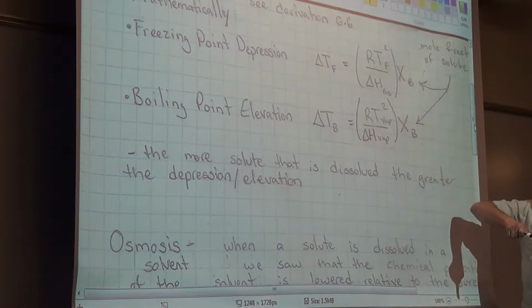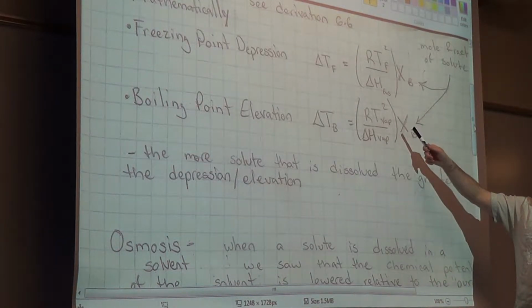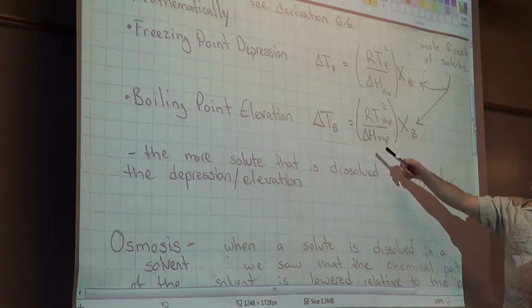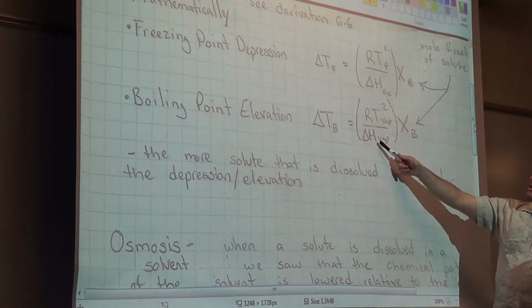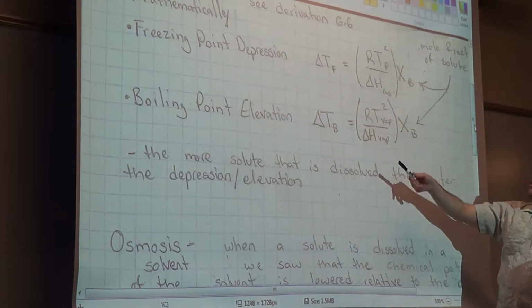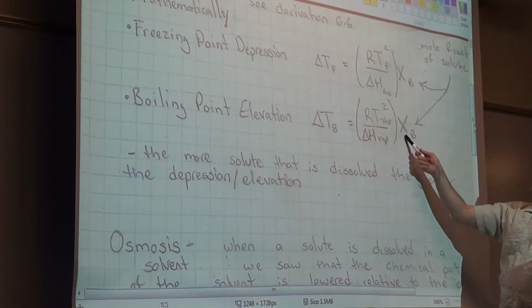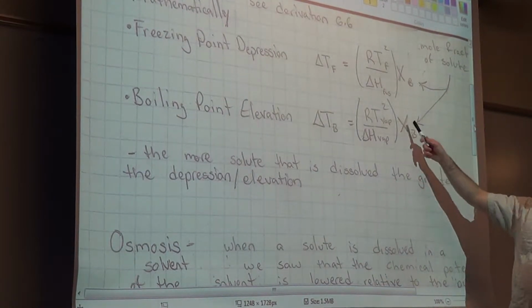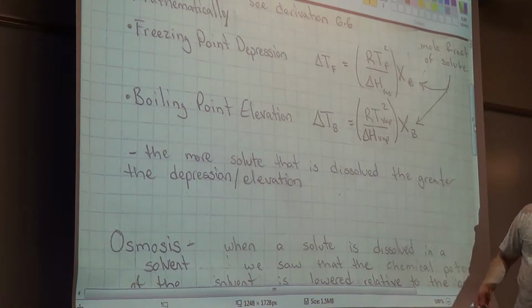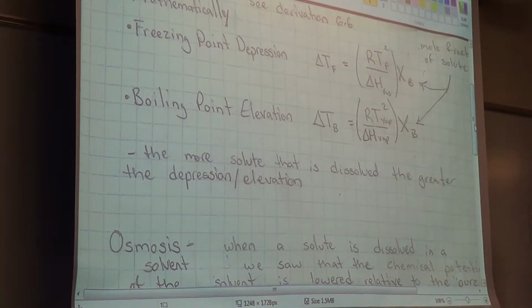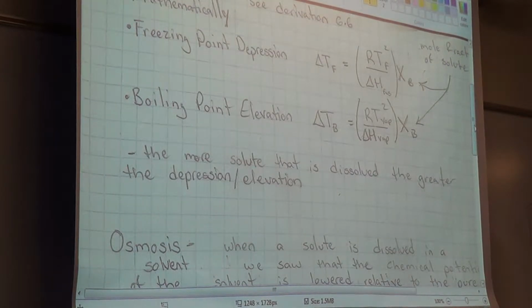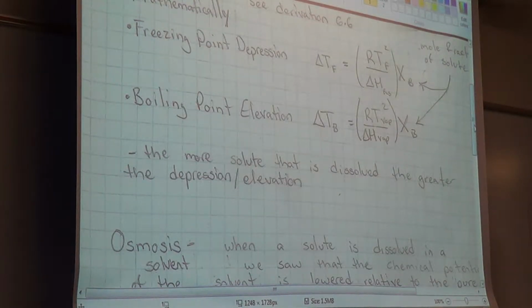When you express this mathematically, you find that the change in the boiling point or the freezing point is proportional to RT squared over the delta H of the transition, whether that's fusion or vaporization, times the mole fraction of the solute. And so this factor of the mole fraction of the solute basically says that the more species you have dissolved, the larger the temperature change is going to be, which fits our model.